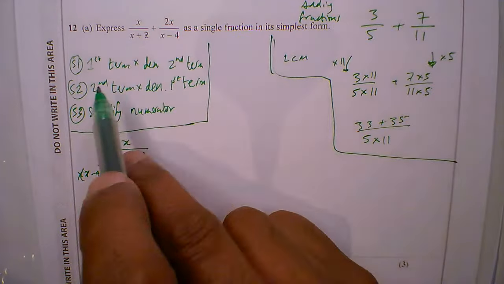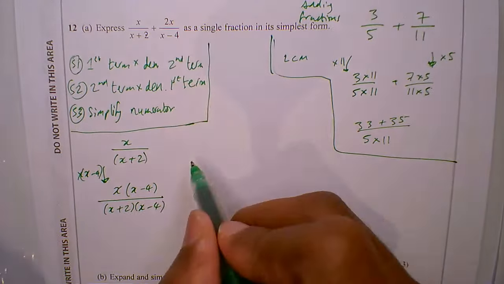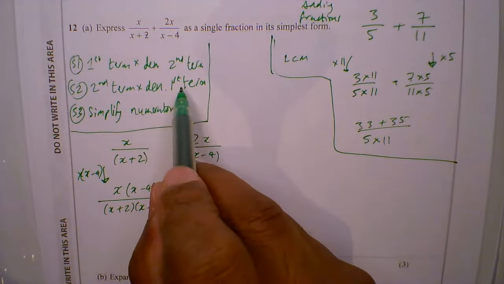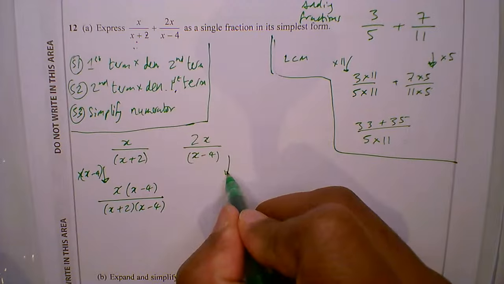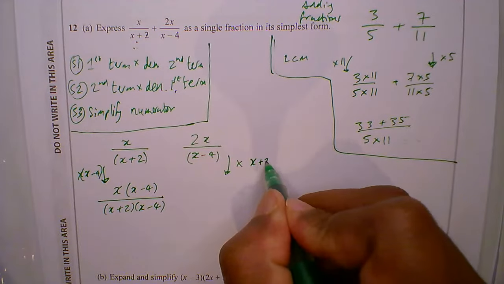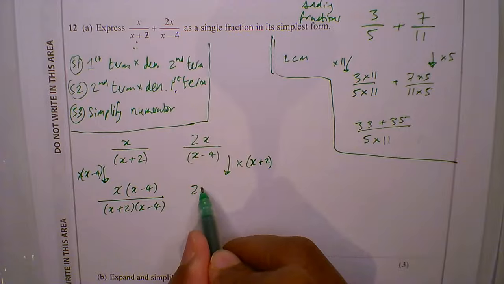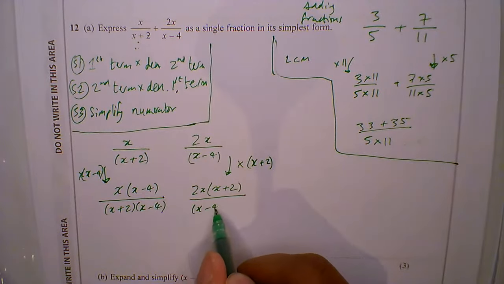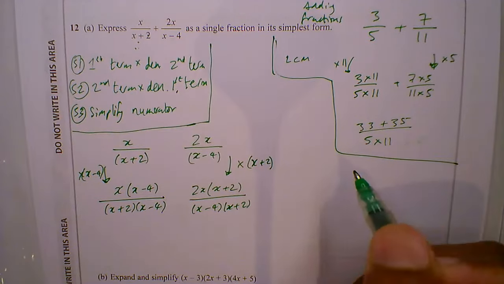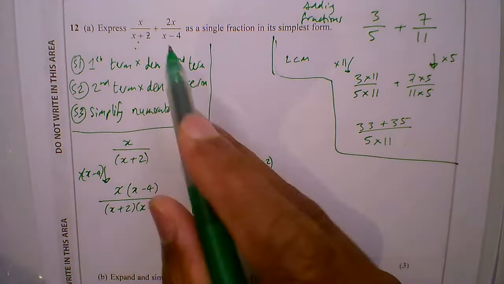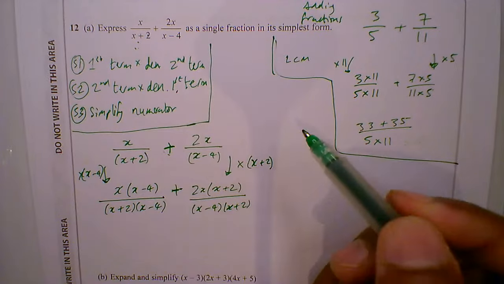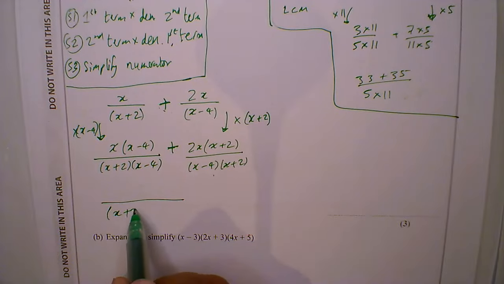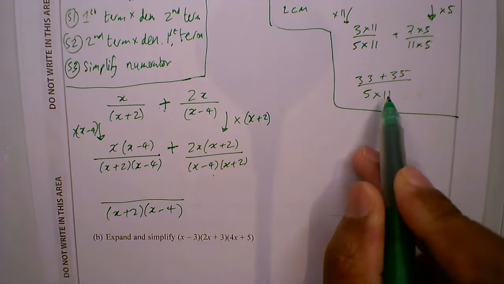Step 2 is the second term, 2x over x minus 4, multiplied by the denominator of the first term, so we multiply by x plus 2. This is 2x bracket x plus 2, all over x minus 4, x plus 2. Don't forget the adding in the middle. Now the denominators are the same, so I can make it x plus 2, x minus 4.